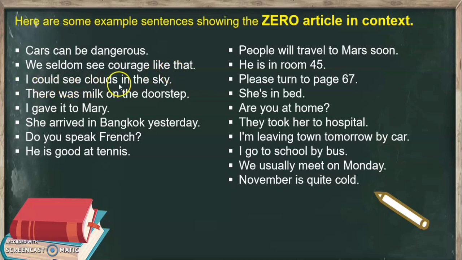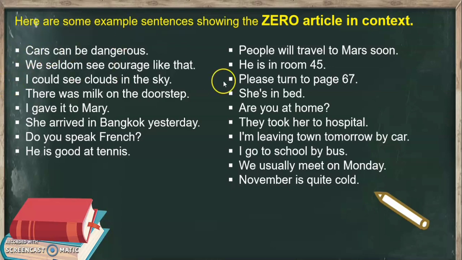I could see clouds in the sky. There was milk on the doorstep. I gave it to Mary. She arrived in Bangkok yesterday. Do you speak French? He is good at tennis. Notice that there is no article here. No article, right? Okay.